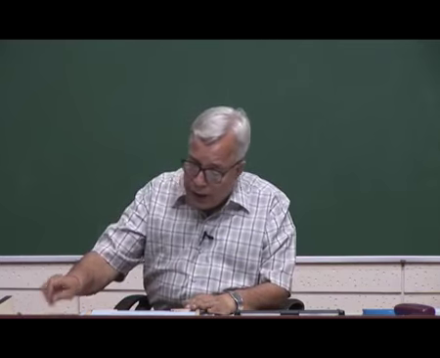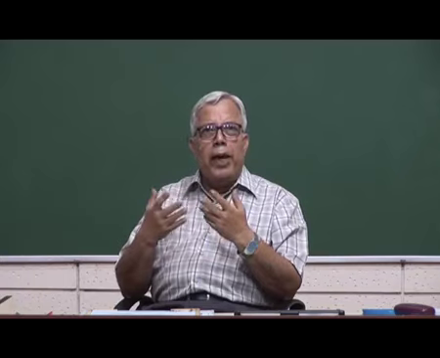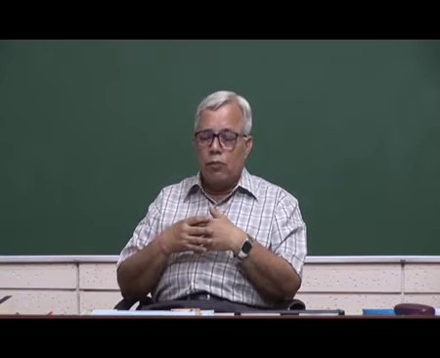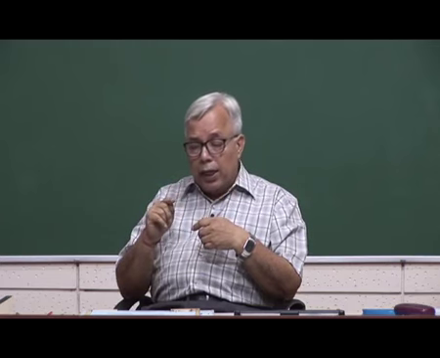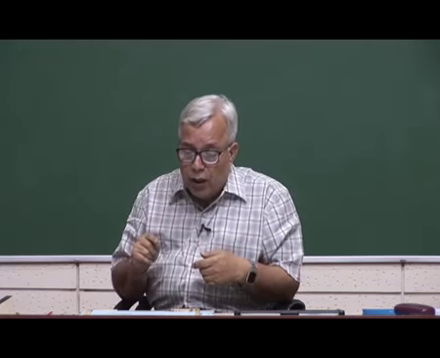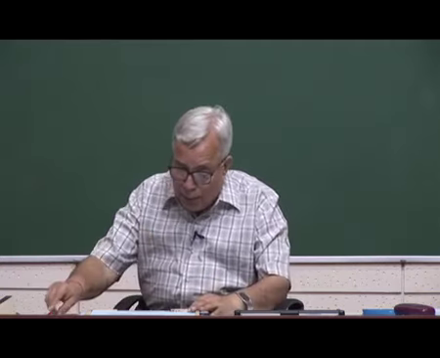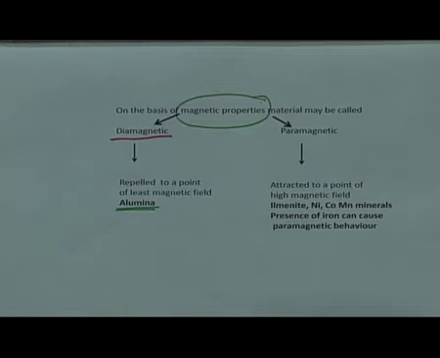What is meant by diamagnetic is that if you apply a magnetic field and make this material free to move, it will go to a point where the magnetic field is minimum or least. The example is alumina.